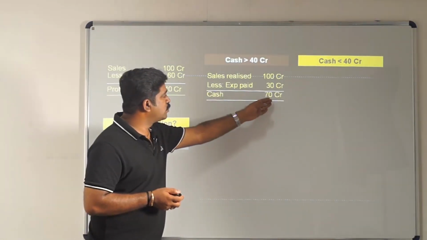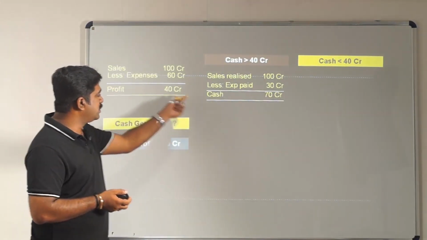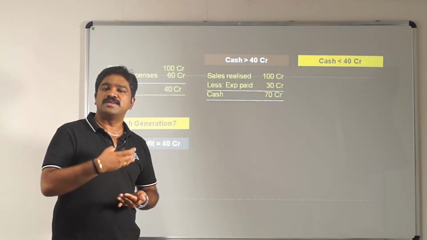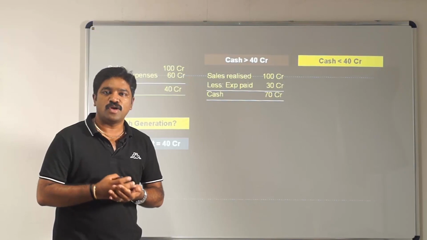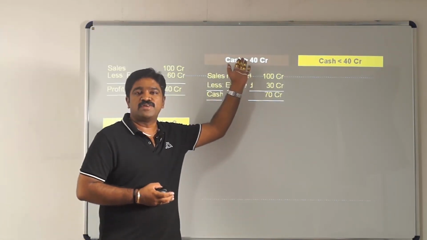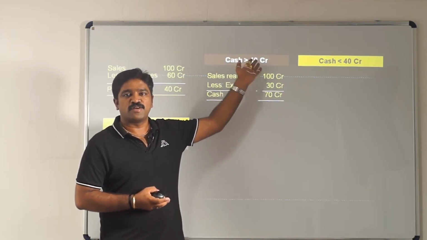It is 70 crore. Look here: profit is 40, whereas cash position is 70. Why is it 70? Because another 30 crore is not yet paid. So this is a scenario where your cash generation will be greater than the profit of 40 crore.